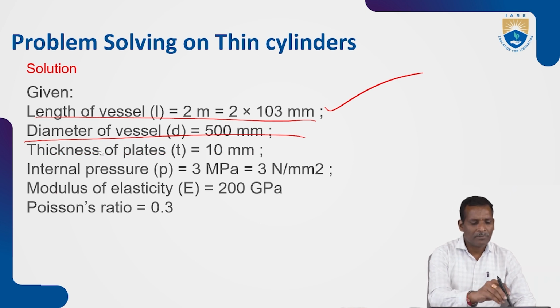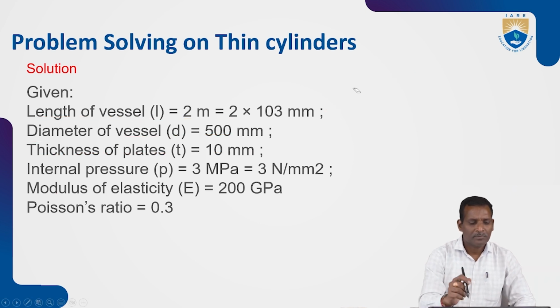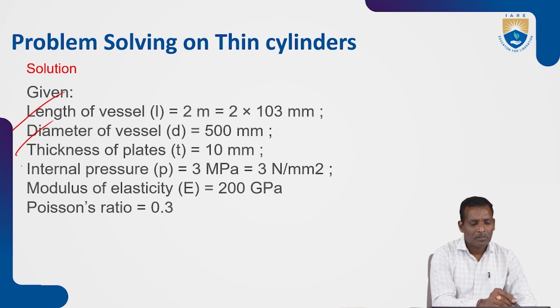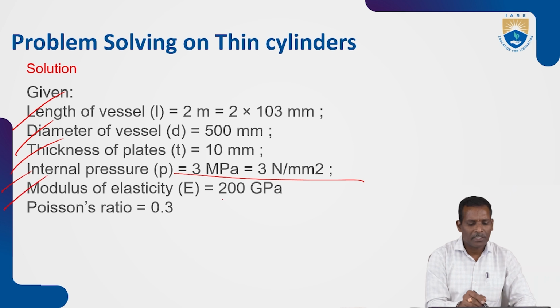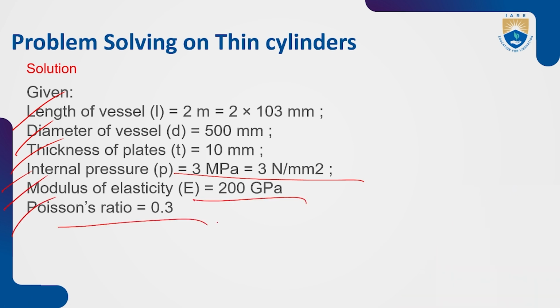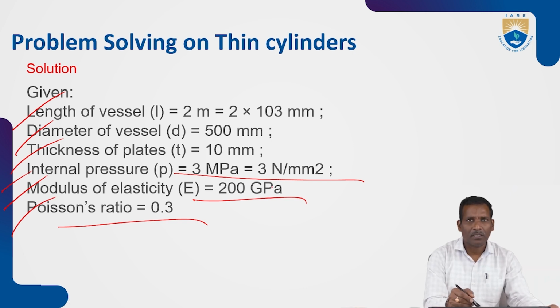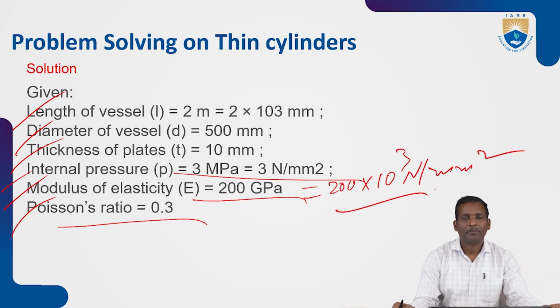The internal pressure 3 megapascal. And modulus of elasticity E 200 gigapascal. And Poisson's ratio 0.3. So already you converted this megapascal into Newton per mm square. This one also convert into 200 into 10 cube Newton per mm square.